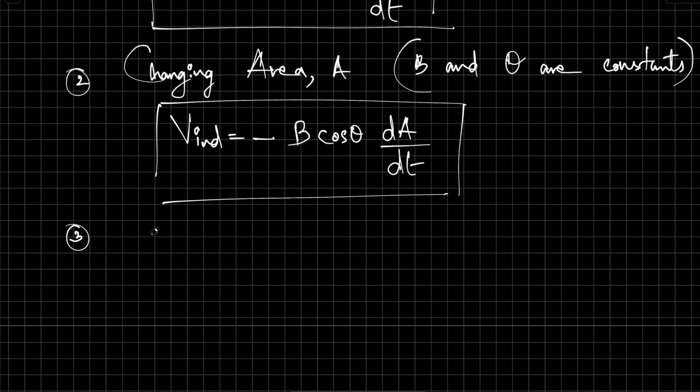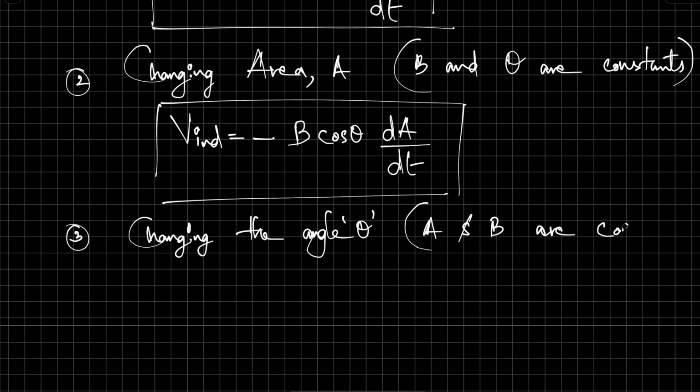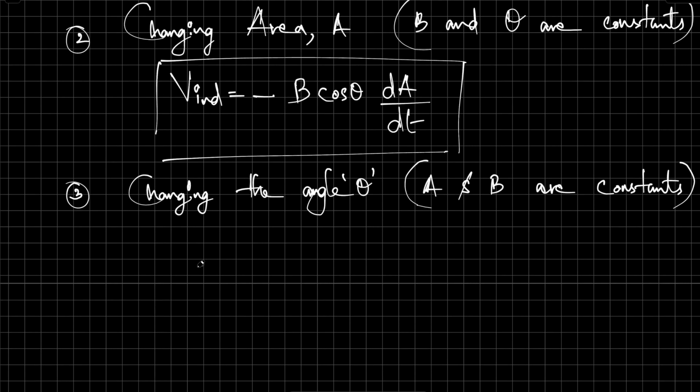Case number 3, I'm changing the angle, theta. Theta is the angle between magnetic field vector and area vector. These are constants. V induced is equal to minus B is a constant, A is a constant, d by dt of cos theta.